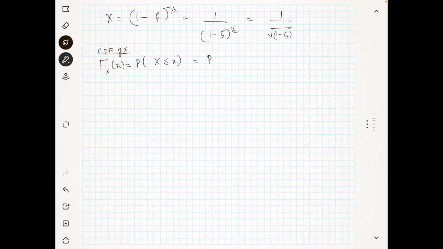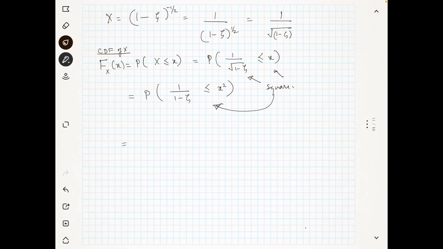X is 1 by square root of 1 minus zeta, less than or equal to x. Now square both sides, and you will get 1 by (1 minus zeta) less than or equal to x square.